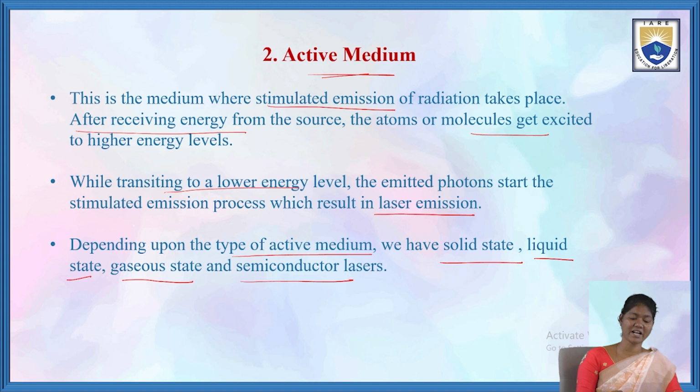So while transiting to the lower energy level, the emitted photons start the stimulated emission process, resulting in laser emission. Depending upon the type of active medium, we may have solid state laser, liquid state laser, gaseous, and semiconductor lasers. These semiconductor lasers are also called diode lasers.